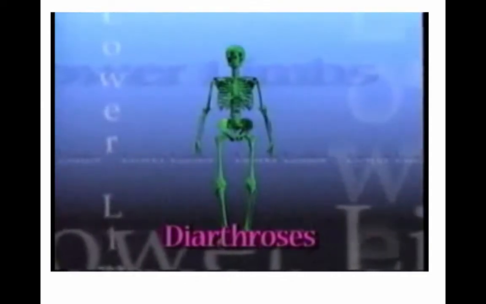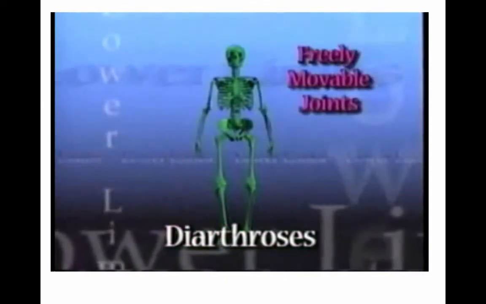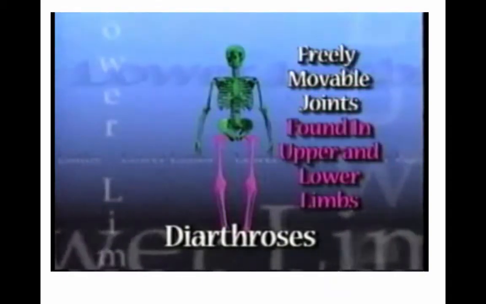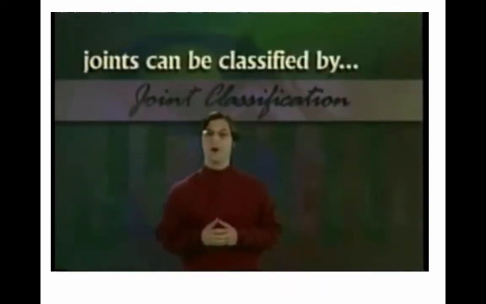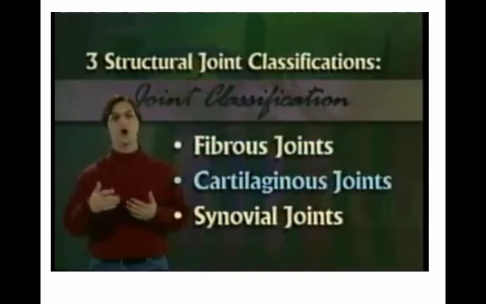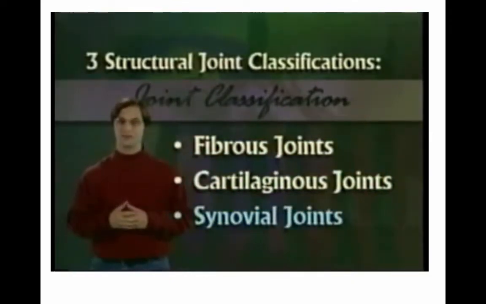And last, but by no means least, the classification diarthroses refers to freely movable joints. These are the types of joints found in upper and lower limbs. In addition to all this, joints can also be classified by their structure. The three structural joint classifications are fibrous joints, cartilaginous joints, and synovial joints.